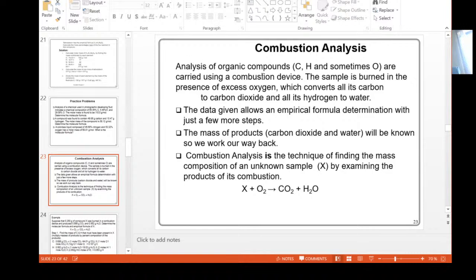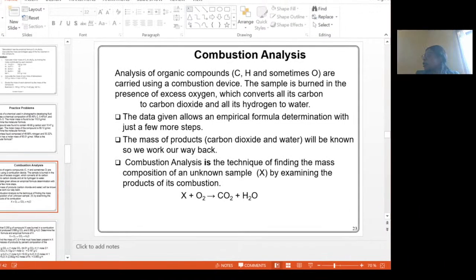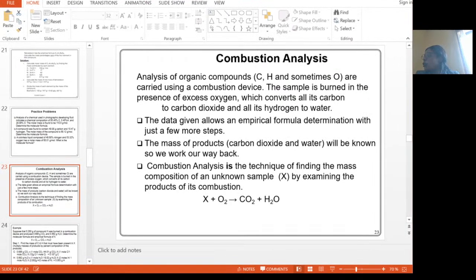We looked at percentage composition and calculation of percentage composition from empirical formula data.